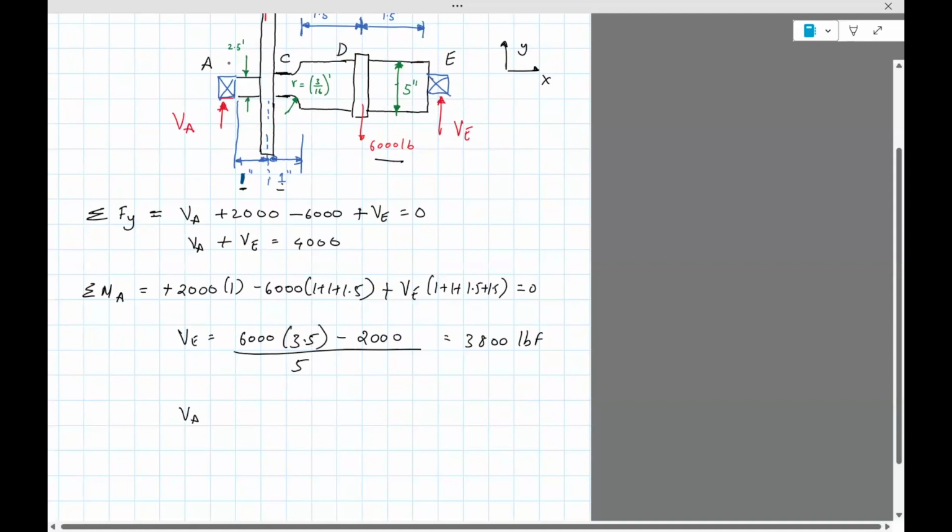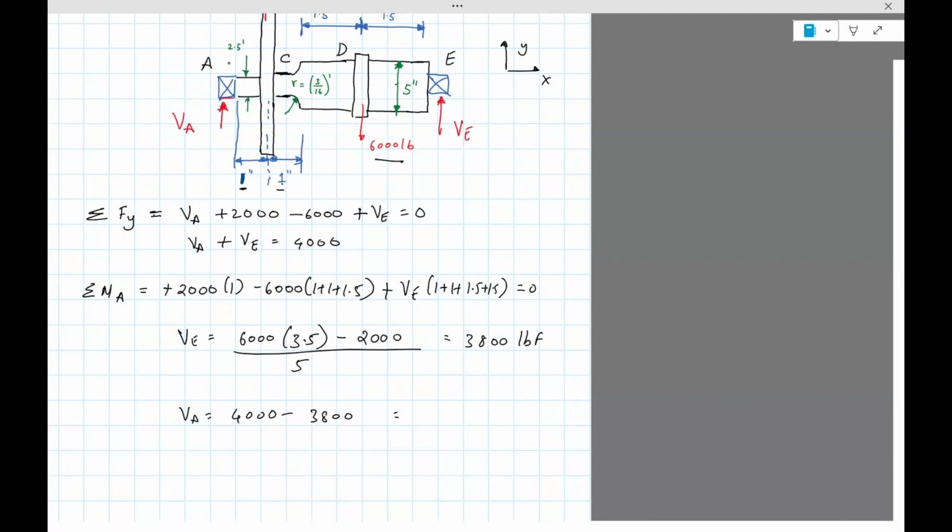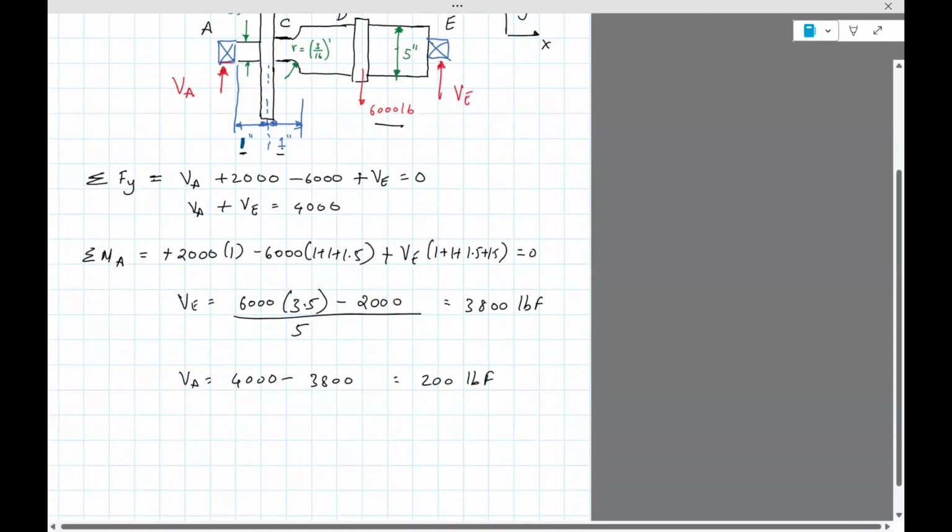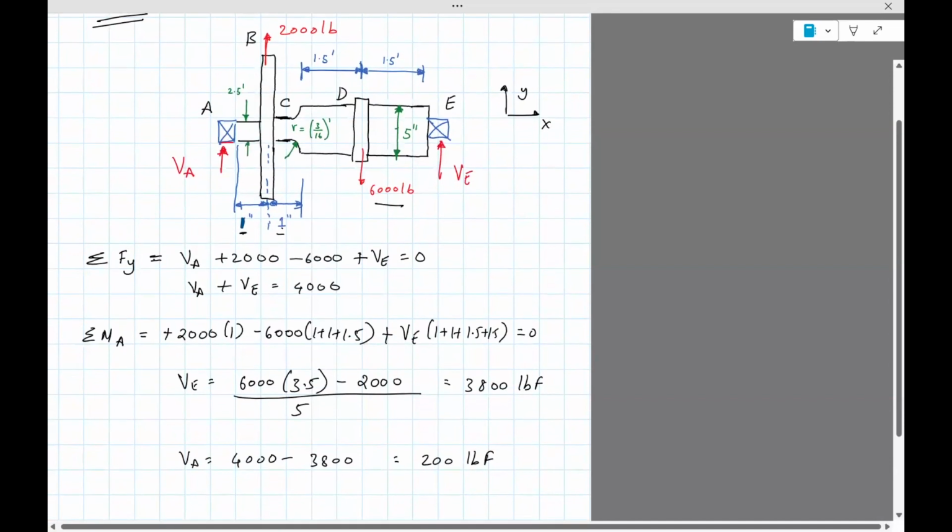And then VA is 4000 minus 3800, just 200 lbf. Okay, so the first step, we've got VA and VE. Now we actually need just two diagrams: the bending moment diagram to give us M as a function of length, and the torque as a function of length. But let's just draw the shear force diagram first, because with the shear force diagram, it's actually very easy to draw the bending moment diagram. So I'll make a copy of this. I'll need it.